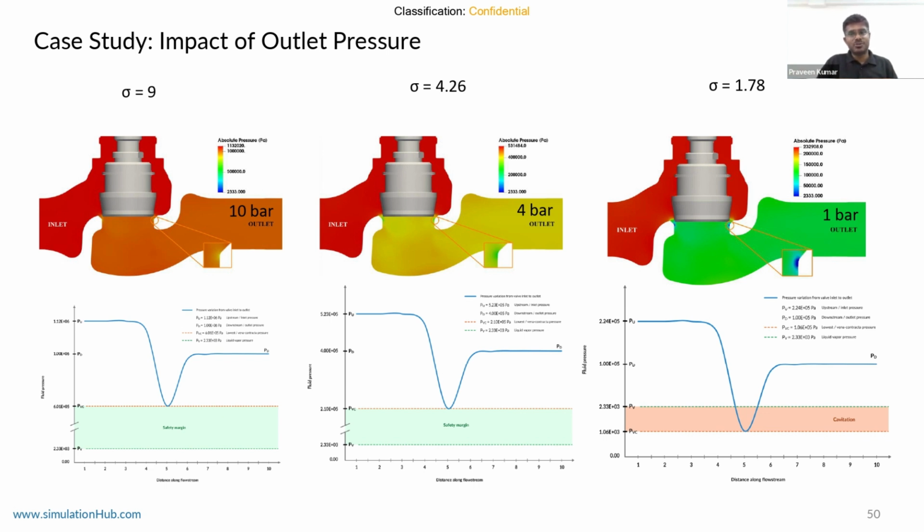As the sigma goes below 2, the cavitation starts. The vena contracta pressure stays above the vapor pressure line, and the moment sigma goes below 2, the vena contracta pressure drops below the vapor pressure and cavitation starts. This phenomenon is nicely captured in our application.